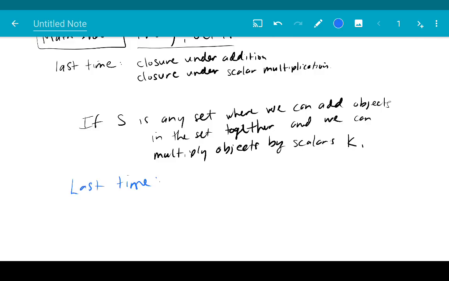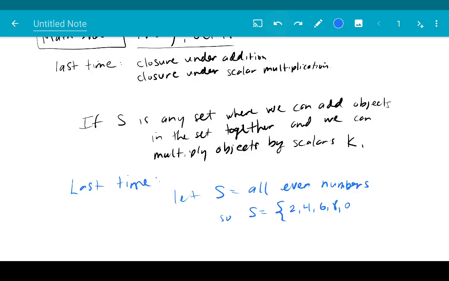We had an example, maybe we'll let S equal all even numbers. You might not be sure exactly what the definition of an even number is, but let's just say S would equal the set of numbers like 2, 4, 6, 8. But it also includes the number 0.